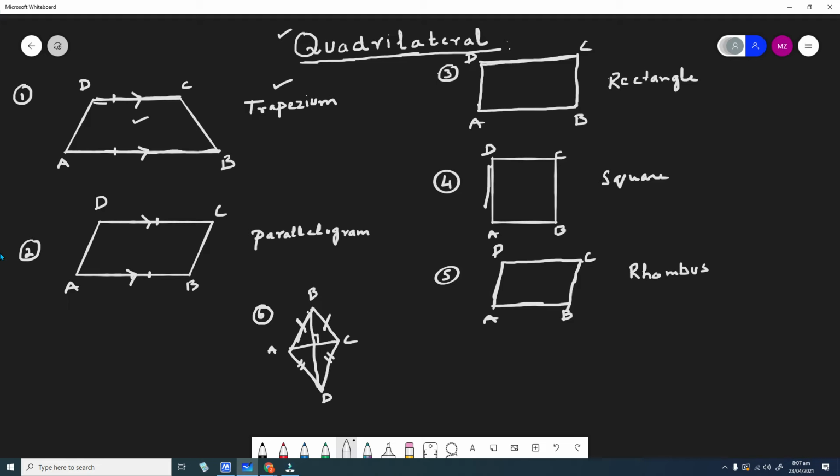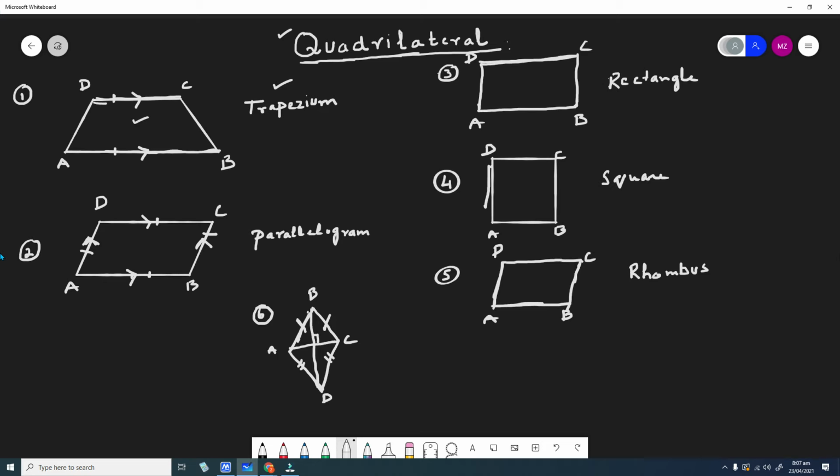Similarly, AD is parallel to BC, and AD is also equal to BC.